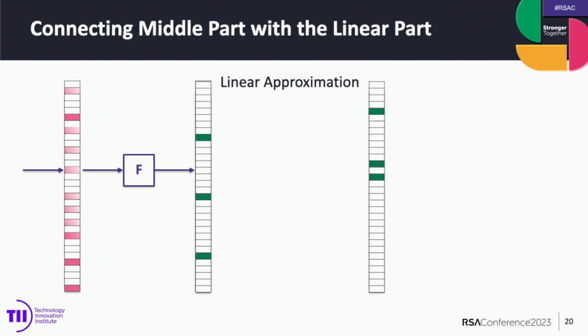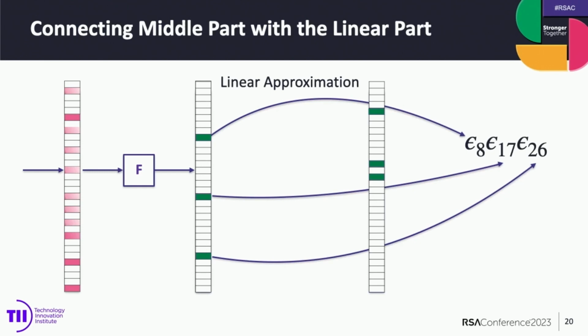As I mentioned before, to compute the correlation of the middle part, we need to multiply the active bits in the input mask of the linear part. And we need to multiply them, assuming, of course, that there is independence of the bits involved in the input mask, to apply the piling-up lemma.